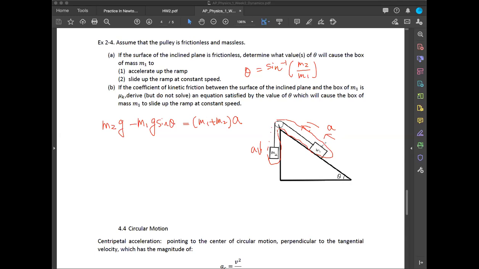In that way, I could consider this system as having force M2g, which is pulling down. On the other hand, a portion of the weight of M1, in this direction, is a component that will drag the system backward.